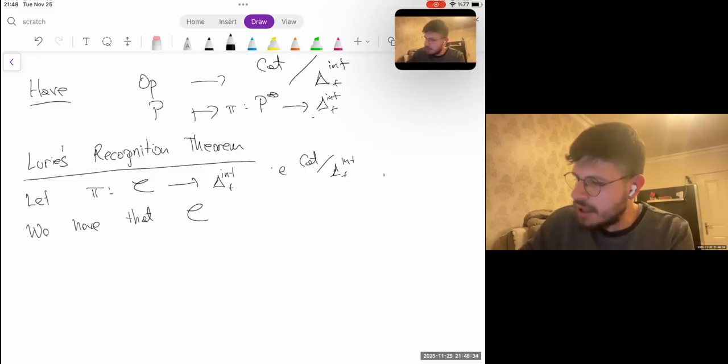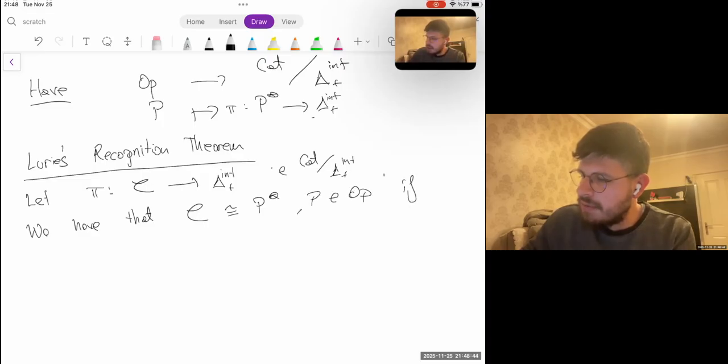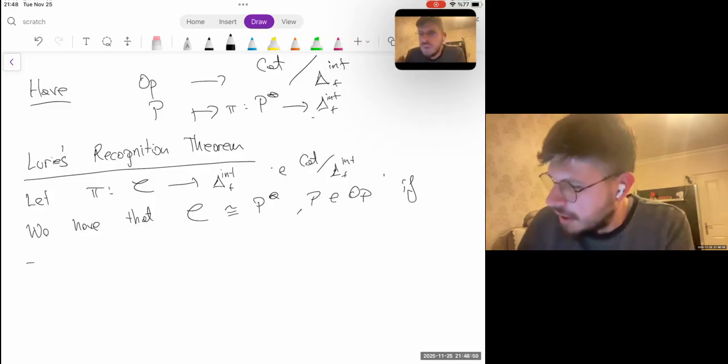I'm writing in horrible fashion, but C is equivalent to some P tensor for P some operad if... so now I have to... okay, race against time.